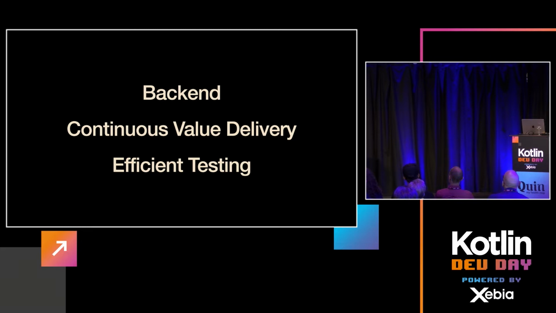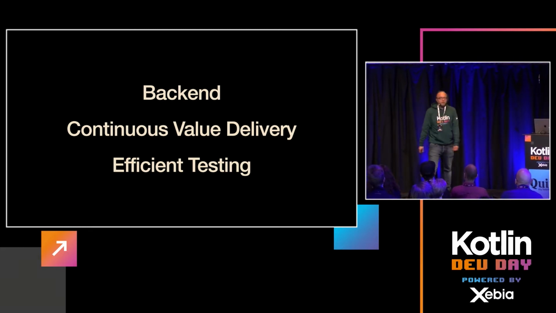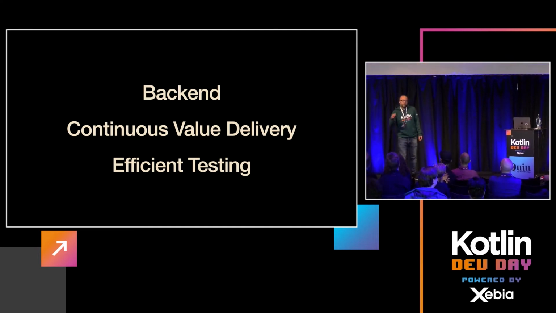I am a backend developer, mostly focusing on the backend. Except for backend, what I'm usually looking at and focusing on is continuous delivery. Because I think that's one of the important aspects of our work, to get things through as fast as possible, to get reliable feedback with high quality standards.